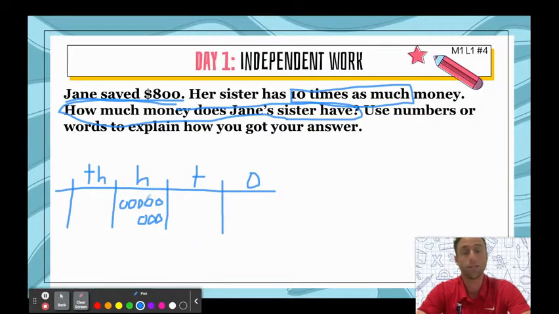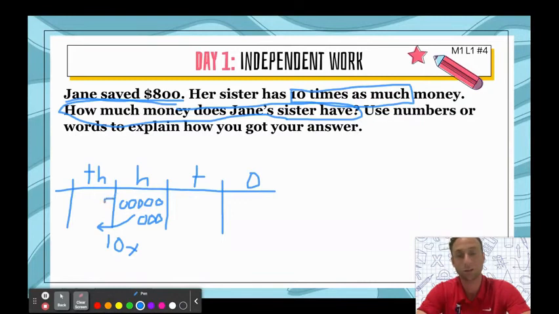Now, while using a place value chart, we know that every time you go from the right to the left, your value increases by 10 times. So I'm going to use this to represent the 10 times more money that Jane's sister has saved. Each circle in the hundreds will now be turned into a circle in the thousands because this jump represents 10 times as many.